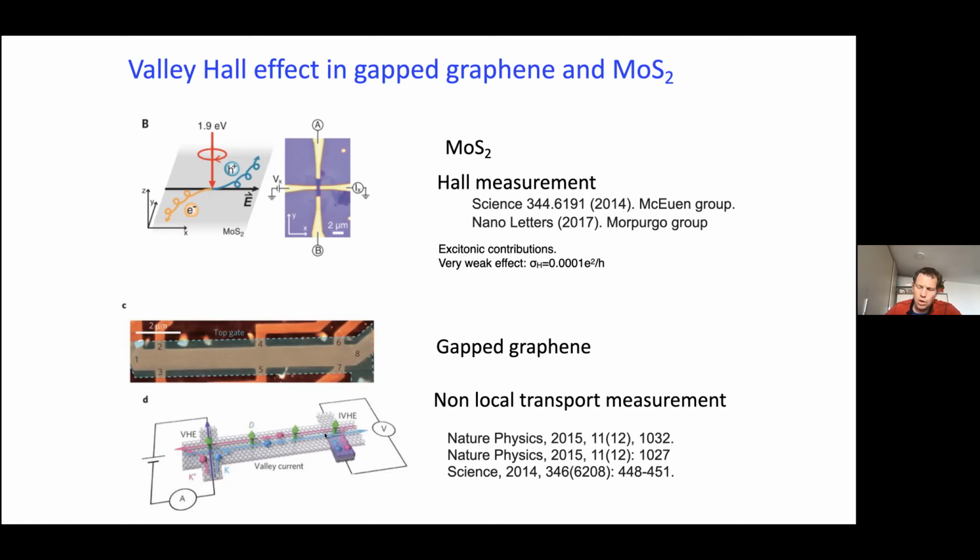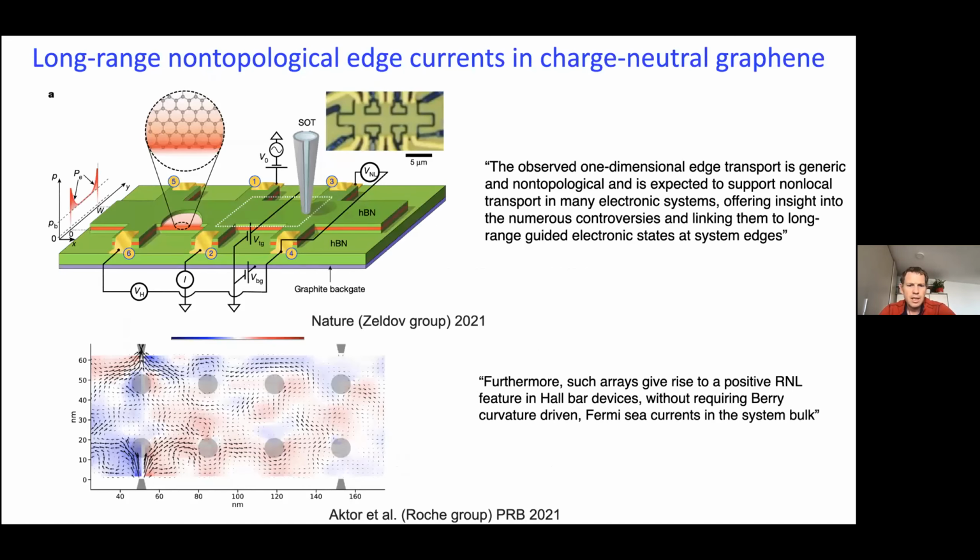So these non-local measurements are actually quite debated, and recently several papers came out. First of all, theoretically, the papers by Stefan Raj say that non-local voltages can also emerge even if there's no topological origin, if there's no Berry curvature effect.